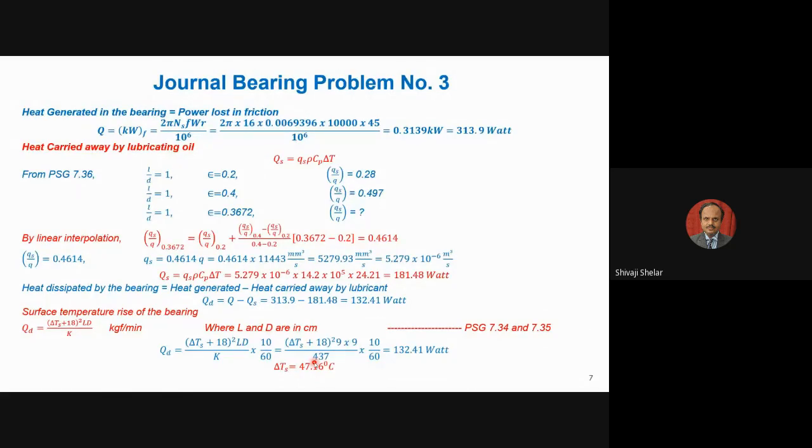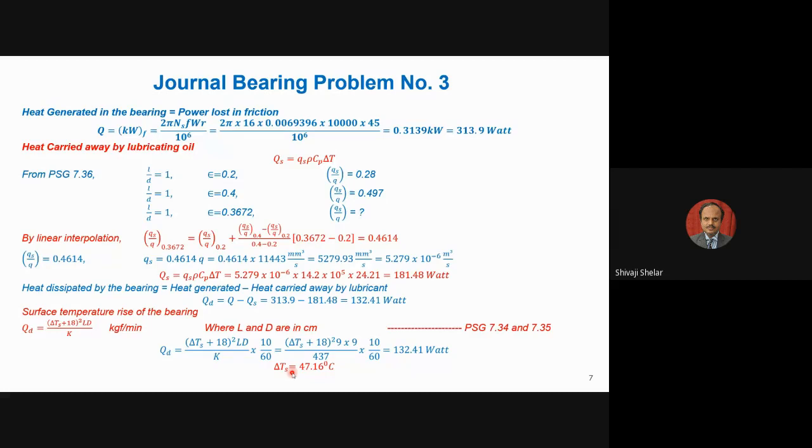Many times you are required to maintain a film temperature to maintain the viscosity. The film temperature should be in the range from 55 degrees Celsius to 90 degrees Celsius.